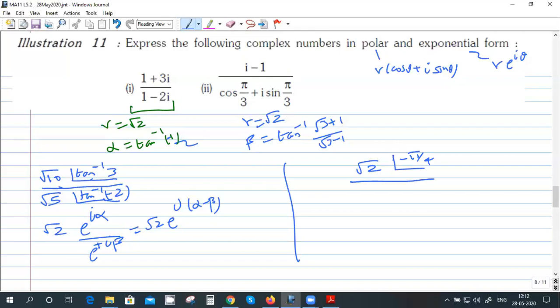Is that clear? Yes, sir. And in the denominator, the modulus is 1, and the angle given is pi by 3. So this is root 2 with angle minus pi by 4 minus pi by 3.